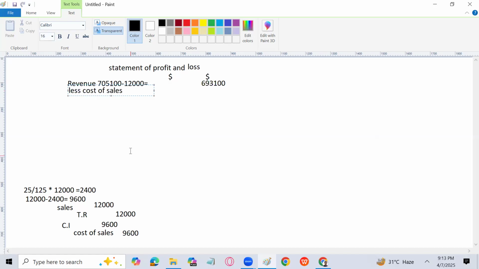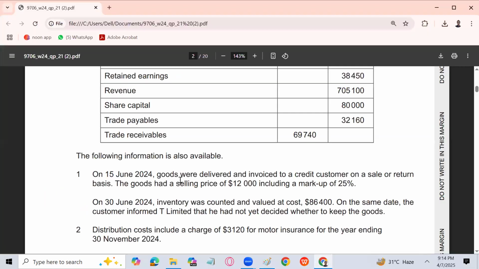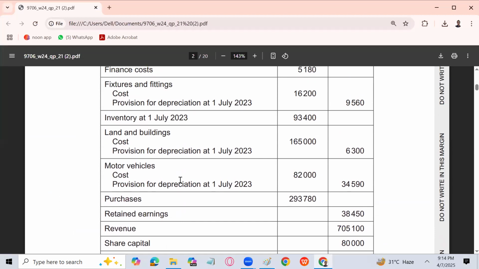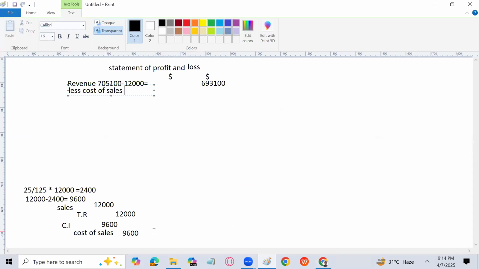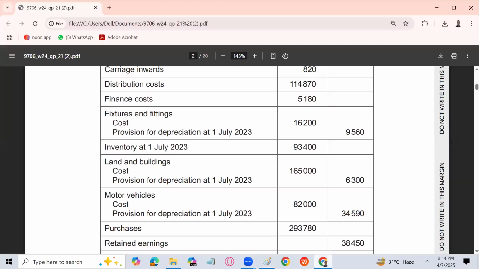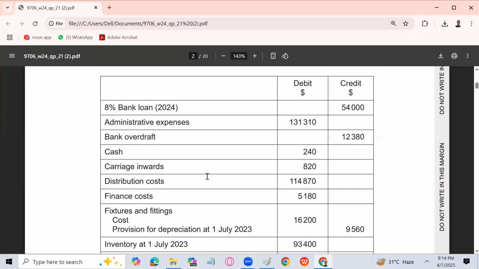For cost of sales, we have to calculate opening inventory, add purchases, less closing inventory. So opening inventory given in the question is 93,400, plus purchases. And purchases are given in the question.